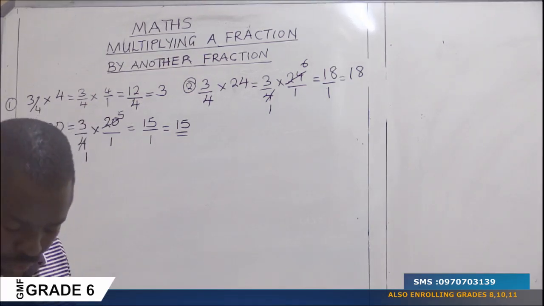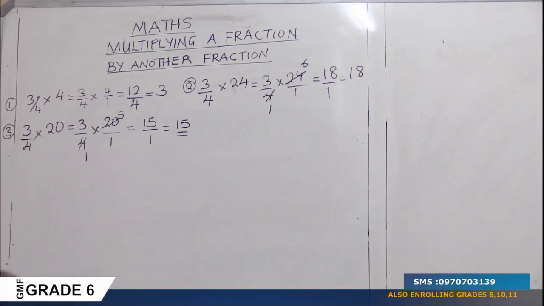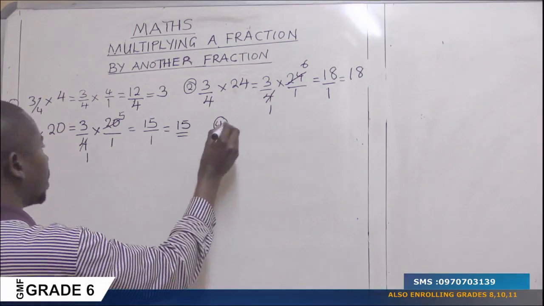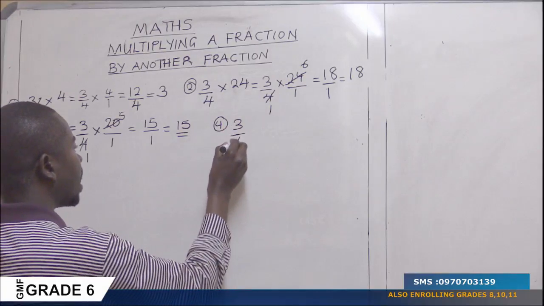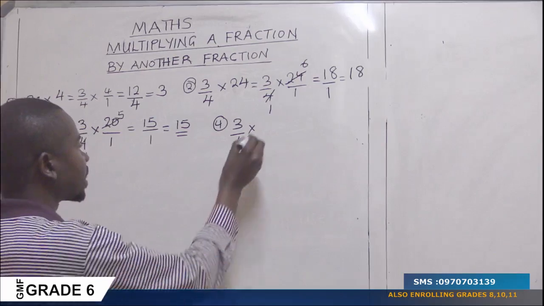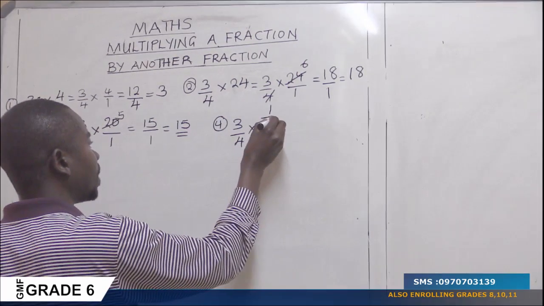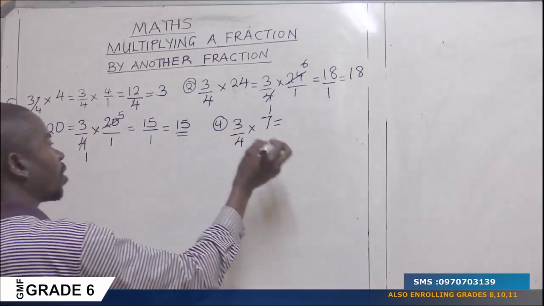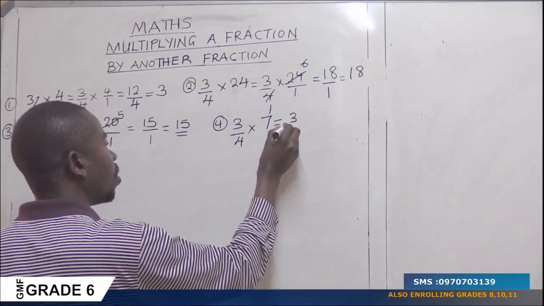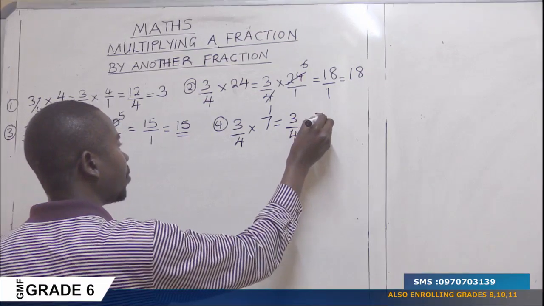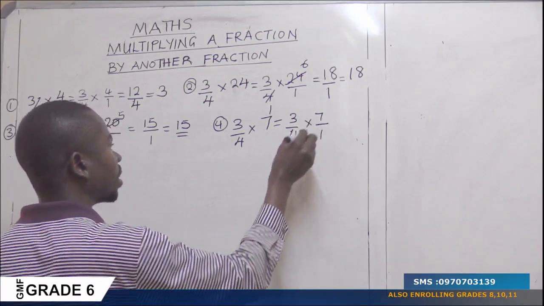Okay, so let's go to number 4. I said you are supposed to multiply 3 over 4 times 7. So you multiply 3 over 4 times 7 over 1.